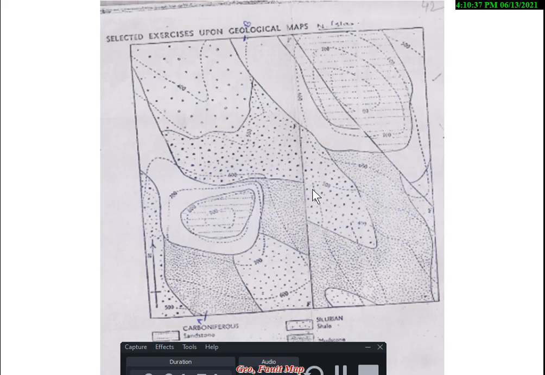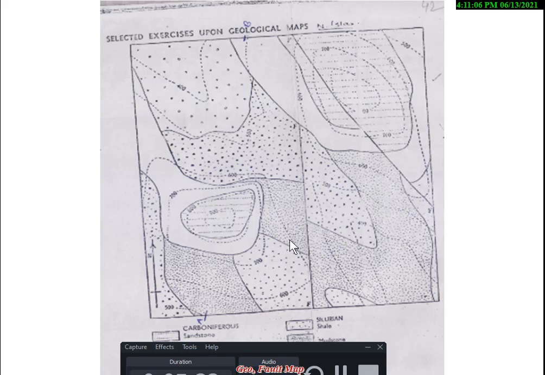So this line is a fault line, and another fault line is here. You may find it with the help of the letter F and also with the help of the beds' disappearing nature. This bedding line suddenly disappears here and appears somewhere in the other area, left side or right side.